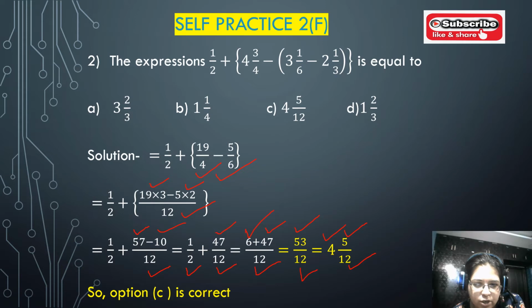We know mixed fraction equals quotient, remainder divided by divisor. So we get 53 divided by 12 equal to 4 5 divided by 12, where 4 is the quotient, 5 is the remainder, 12 is the divisor. So option C is correct. 4 5 divided by 12.